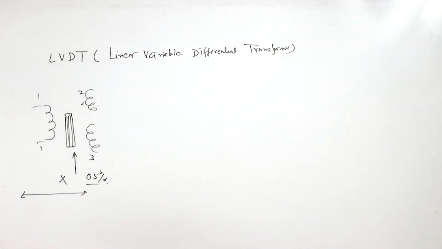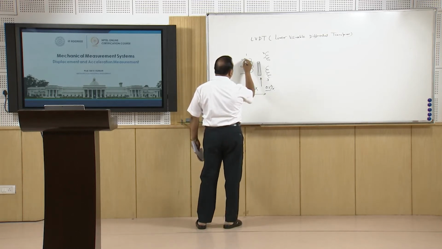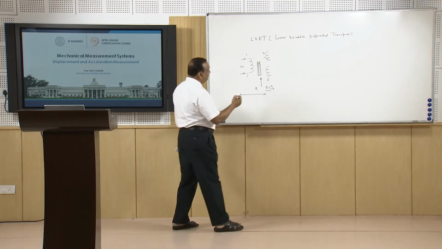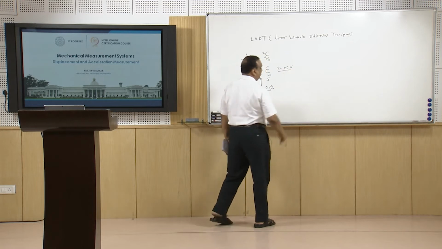Now, regarding the working principle, suppose there is an excitation voltage. It has to be an AC excitation voltage with an RMS value ranging between 3 to 15 volts.